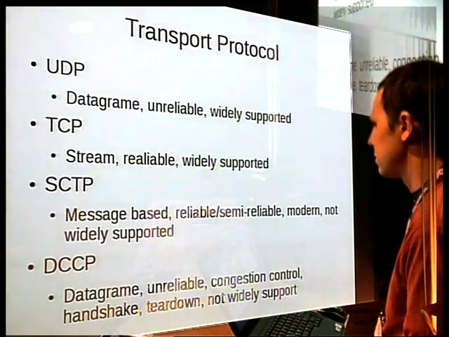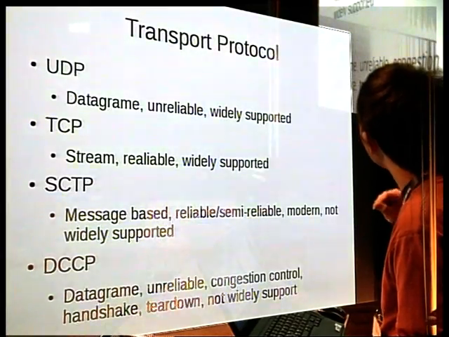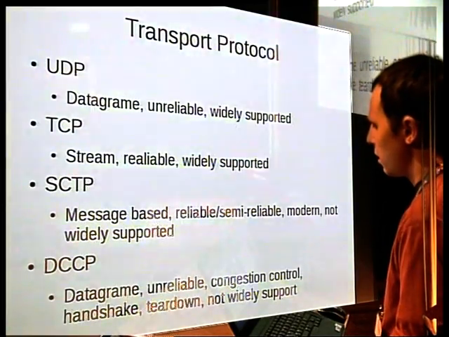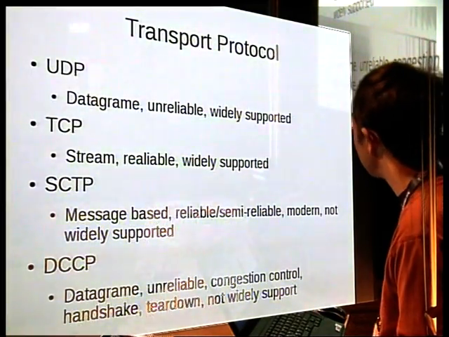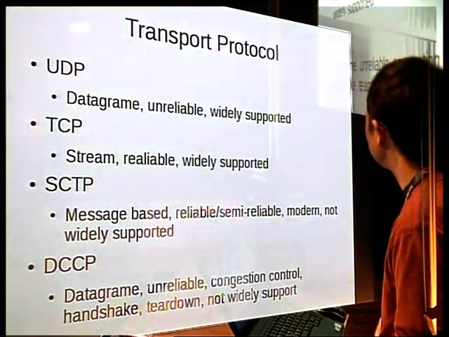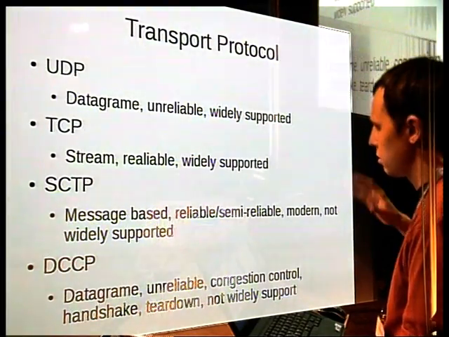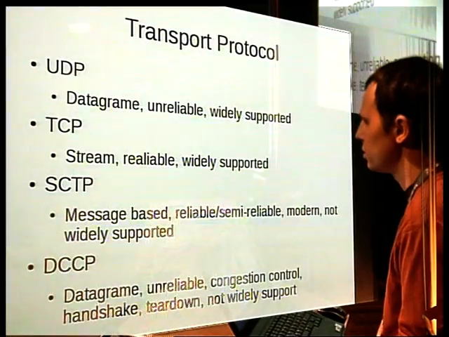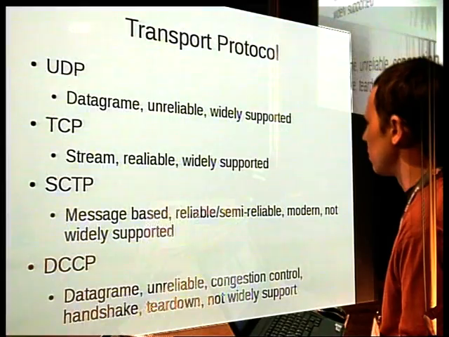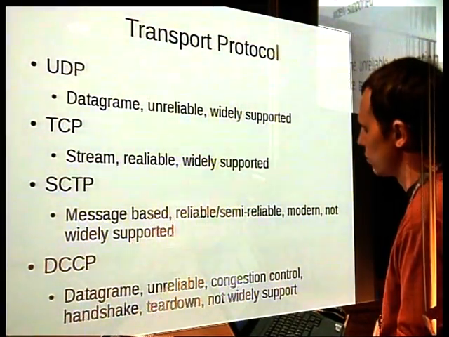It has congestion control implemented in itself. It has some handshake and teardown, but the problem of DCCP and SCTP is that they are not widely used on the Windows operating system, and most network equipment like switches and routers doesn't support them either.